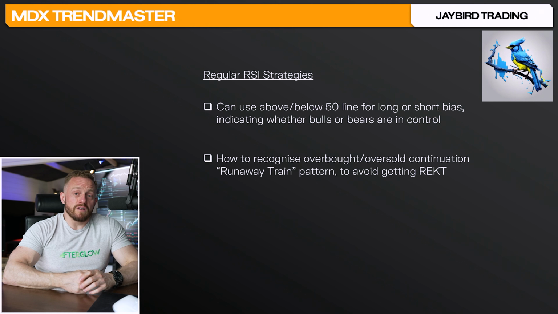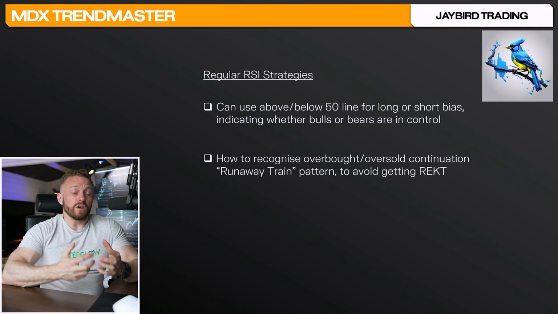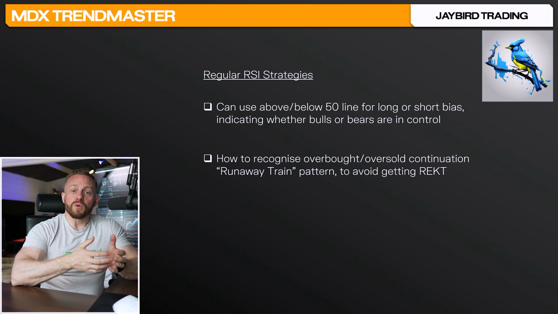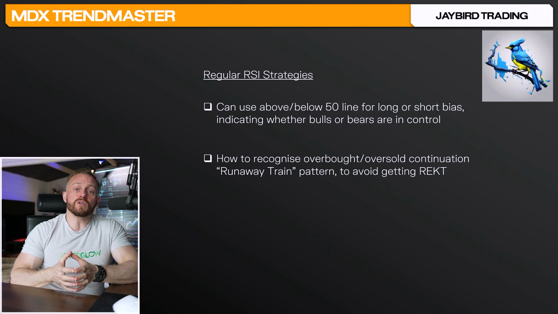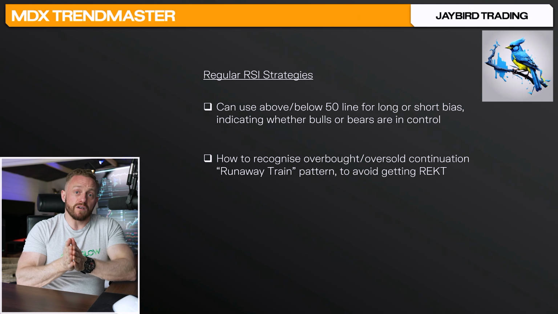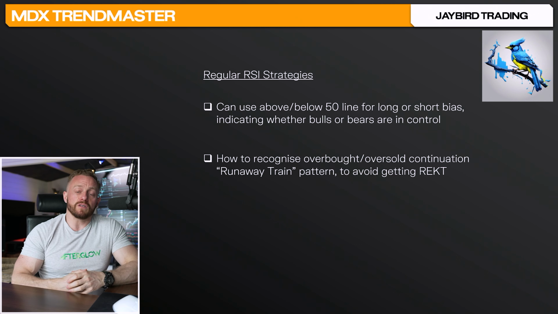The next key insight JayBird shares is what he calls the runaway train. And this is when RSI becomes very overbought or oversold, but rather than trying to play the reversal and get wrecked, you're actually trying to recognize when that's going to lead to a continuation.